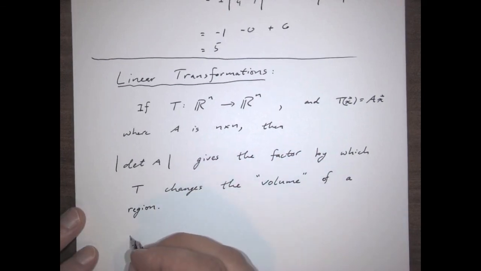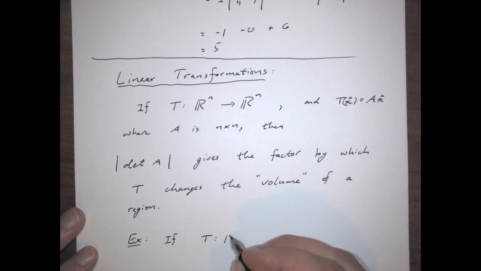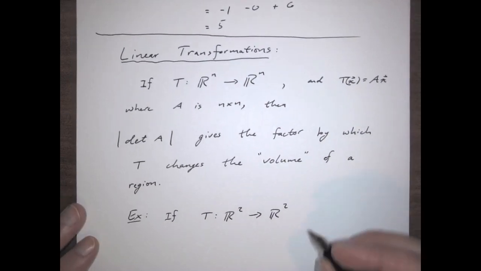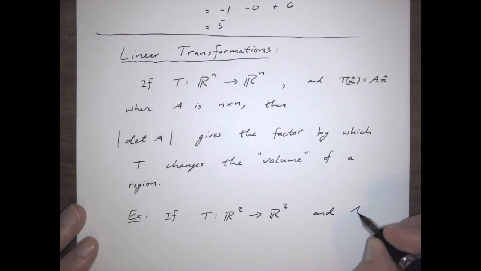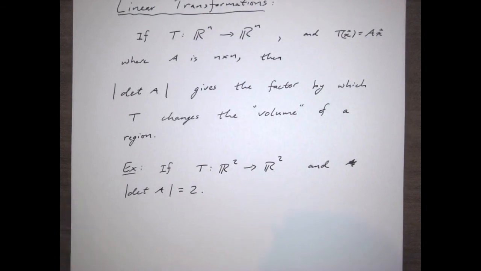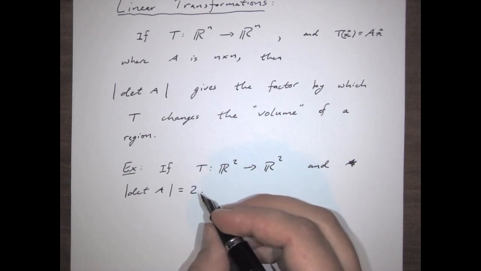So for example, if T is going from R2 to R2, and the determinant of A, I should say, absolute value of that is 2, then that means that if you were to take any figure in R2, like a shape, like a circle or a square or any type of shape, and you were to apply T to it, then that region would have its area doubled.